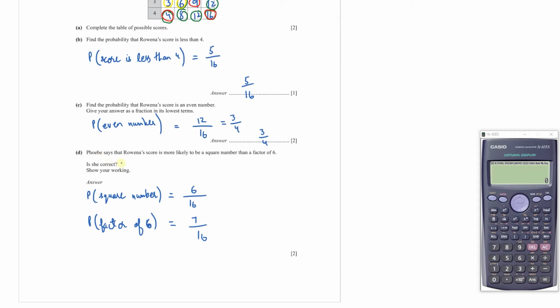So the hypothesis that Phoebe made was that the score is more likely to be a square number than a factor of 6. So which is not correct.